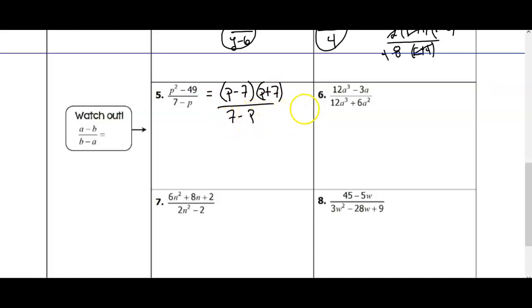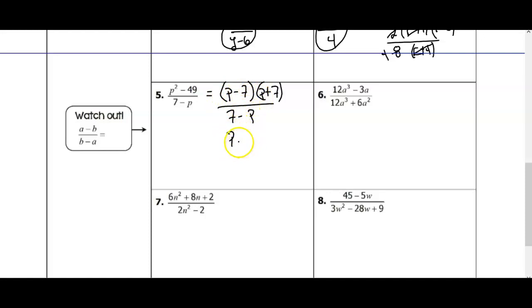Well, it looks close to this, but the numbers are flipped. So the thing I need to factor out from the denominator is a negative 1. Negative 1 would change the signs on everything and flip it, right? So if I factor out a negative 1, I end up with negative, parentheses, p minus 7. So let's go ahead and factor out our negative 1 there.